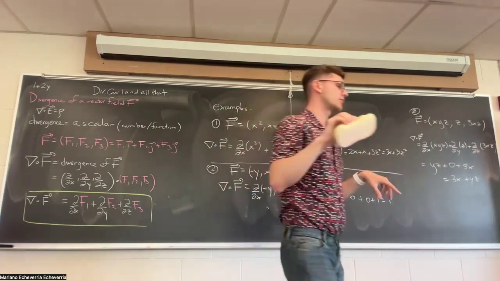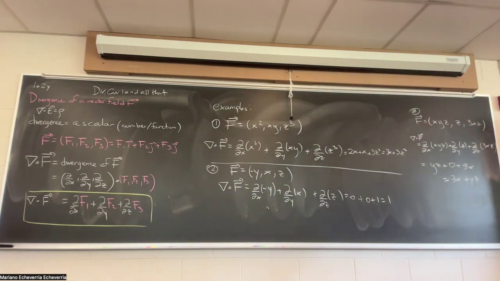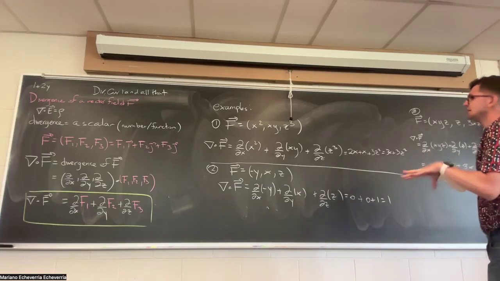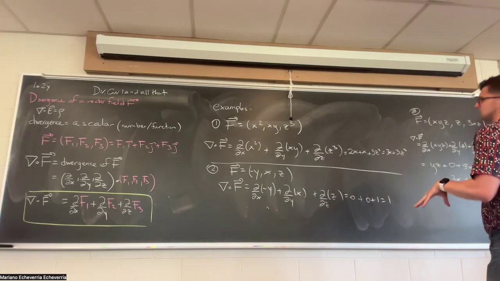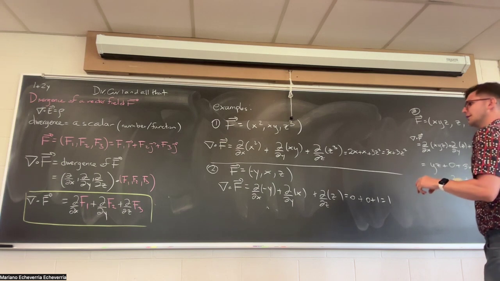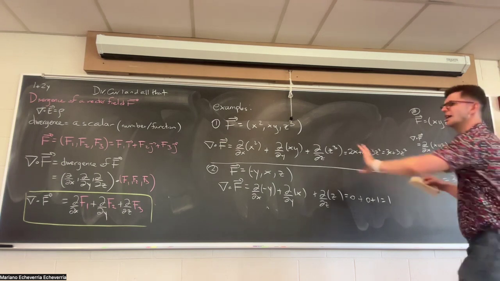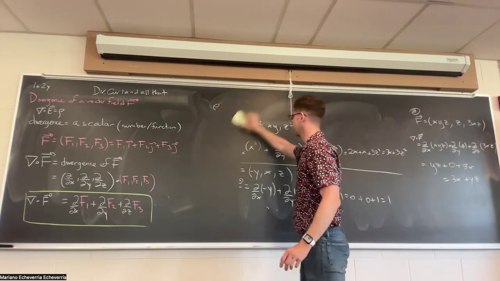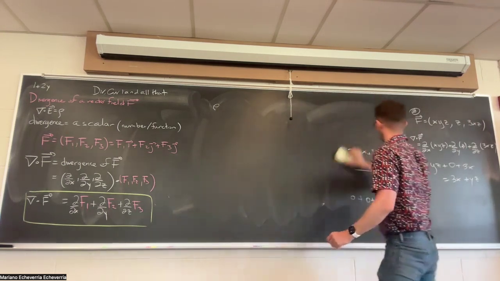Okay, so let me tell you what the divergence theorem says, and then we can do an example to show how it works in practice. It is very simple. Let's not erase the formula because it's useful to have it around.